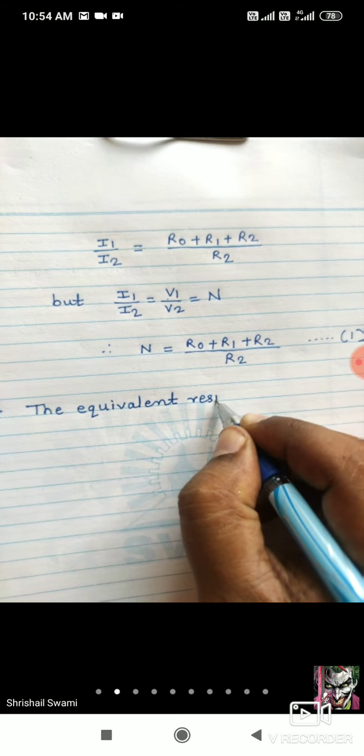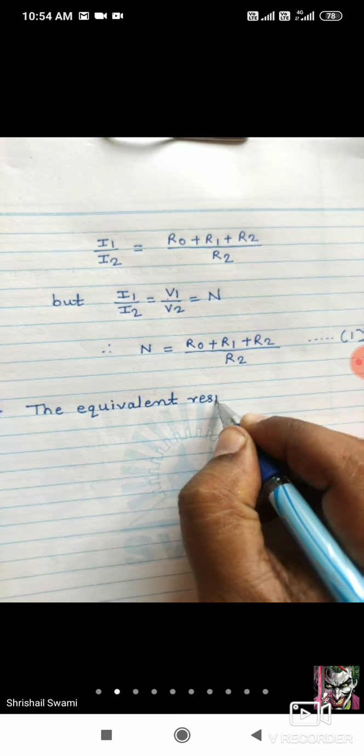Now the R1 terms, keep them on one side, and R0 you can take on the other side. Taking R1 common, we get N plus 1, and taking R0 common on the other side, we get R0 into N minus 1.